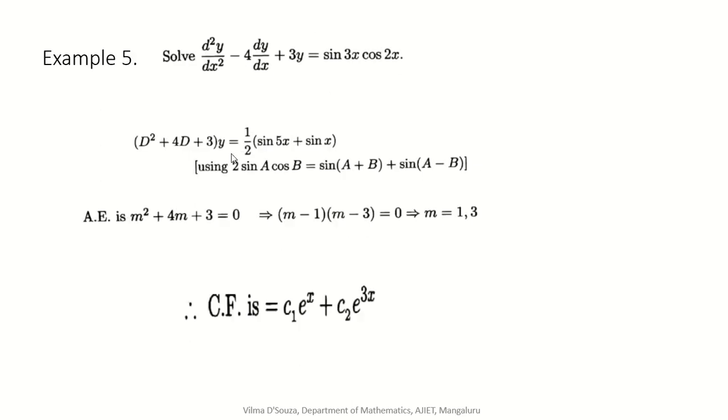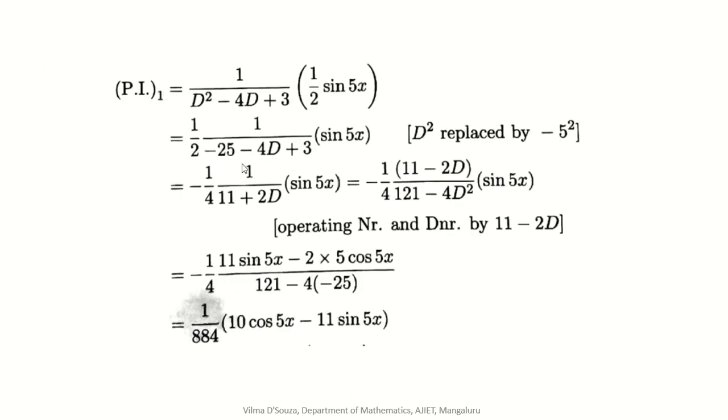So what you can do is, first find the particular integral with respect to 1 by f of D of the first term, half sin 5x. Then find the second term in the particular integral, 1 by f of D, half into sin x. You can observe PI 1 by D square minus 4D plus 3 of half into sin 5x.